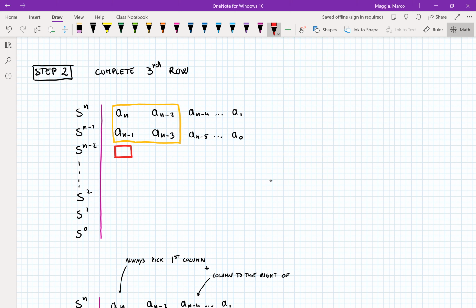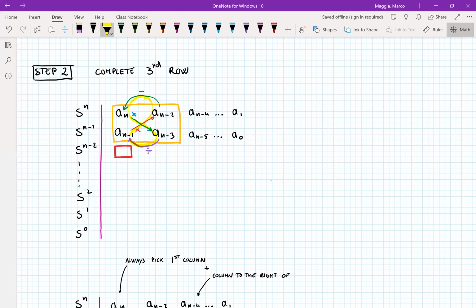So we go a_{n-1} times a_{n-2}, and then we go minus a_n times a_{n-3}, everything divided by a_{n-1}. So you see that we sort of have an 8 here.